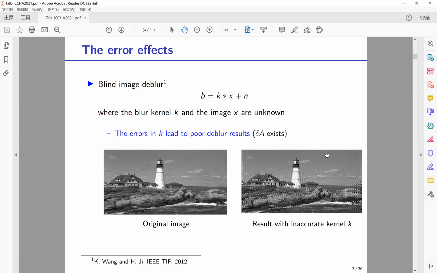In the first step, we usually do some blur kernel estimation. If we have a 2-pixel error in our blur kernel, we will see some severe artifacts in the restored image. This is one example when we have some error in our measurement operator.